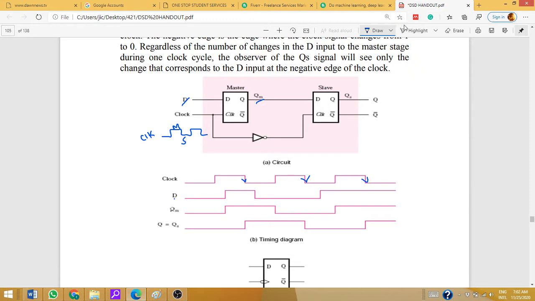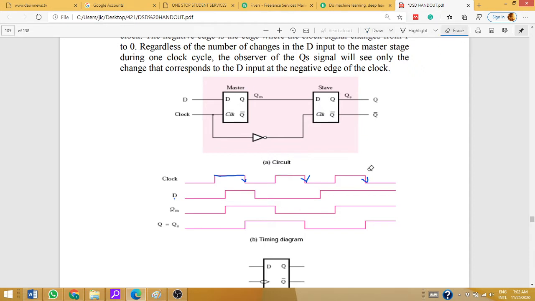Now let's see how it is working. First, what you can see here: this is the clock. This clock is going first to the master. Whenever there is a positive high level of the clock, we are interested in the high level.